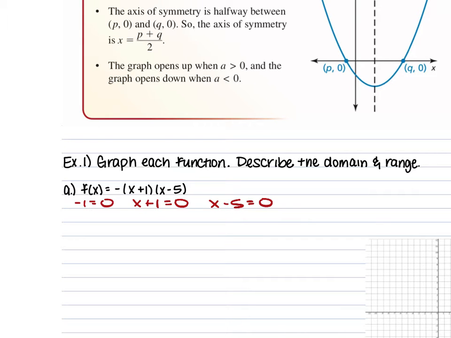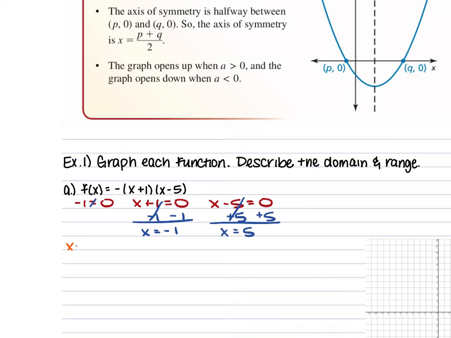And then I solve for each of them. The negative 1 is equal to 0, cross it out, don't work with it. The x plus 1 is equal to 0, move the 1 over by subtracting it from each side, you get x is equal to negative 1. The x minus 5 is equal to 0, add the 5 to each side, you get that x is equal to 5. One of these is p, the other is q.